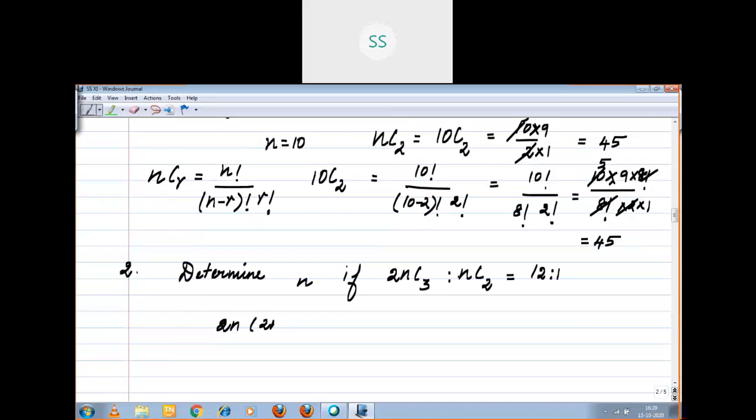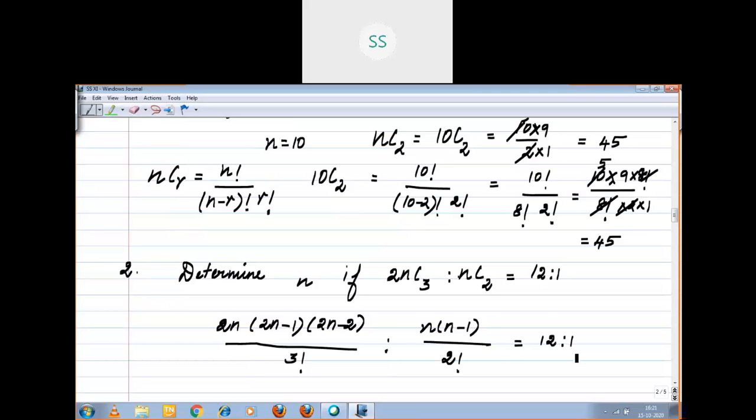2n, 2n minus 1, 2n minus 2, divided by 3 factorial, is to n into n minus 1 divided by 2 factorial, equal to 12 is to 1.